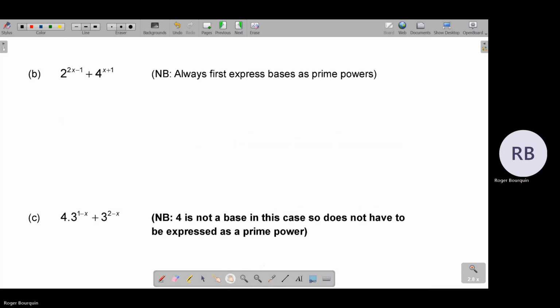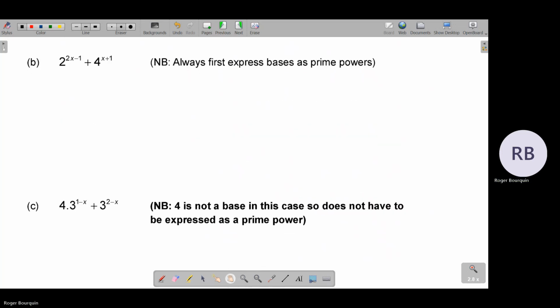Well, the 2 is already prime, but I'm going to rewrite this using that rule I just talked about as 2 to the 2x. I only do this because there's an adding thing here. Otherwise, I would not do this. So you're going to get 2 to the 2x times 2 to the minus 1. 4 I'm going to write as base 2. So then I've got the plus sign. 4 becomes 2 squared to the x plus 1.